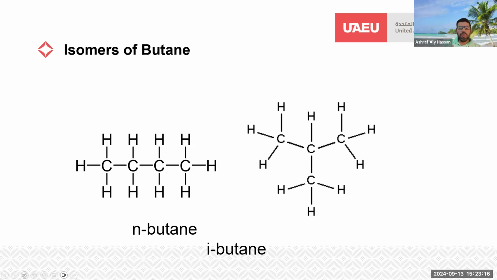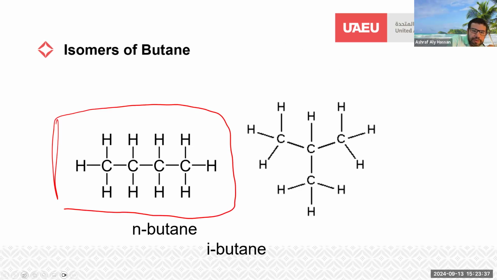Let's move to isomers. Isomers are compounds that have the exact same formula. However, they are oriented and organized differently. So, for example, look at the butane on the left: this butane is C4, and then we said that we have H10.